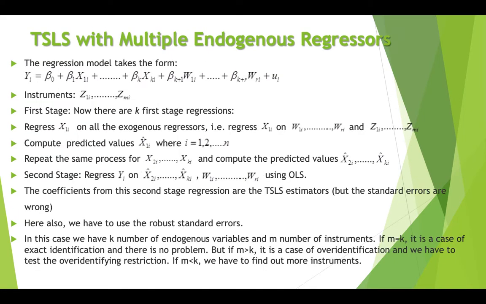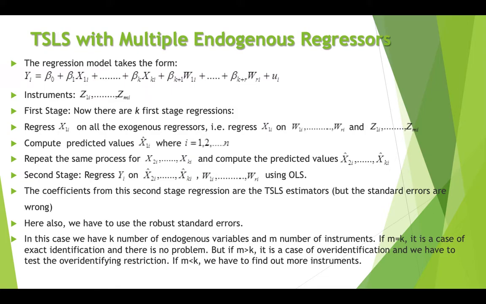Now, suppose there are multiple endogenous regressors and multiple instruments. Here x1i to xki are k endogenous variables. Then w1i to wri are the r given exogenous variables, and we have instruments z1i to zmi.